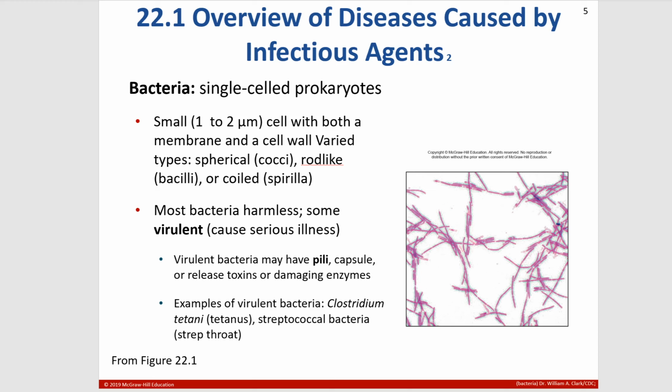Bacteria are the prokaryotes. They're extremely small as compared to the cells of our body. They have a cell membrane and a cell wall. They have various shapes: spherical, rod-like, or coiled.